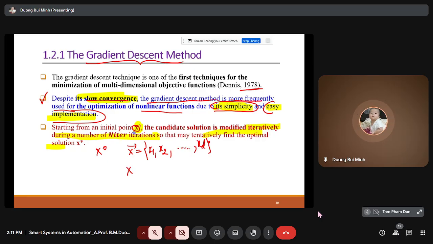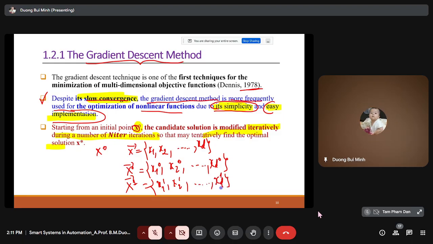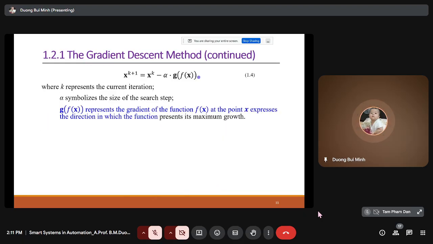For the first iteration, x0 means x1 0, x2 0, up to xd 0. Then we calculate x1, that means x1 1, x2 1, up to xd 1. Remember that. Of course, you studied digital signal processing, so we know this. We have the general form.